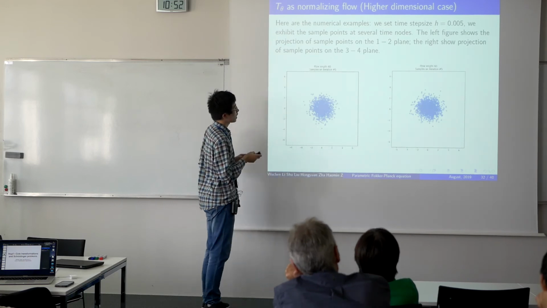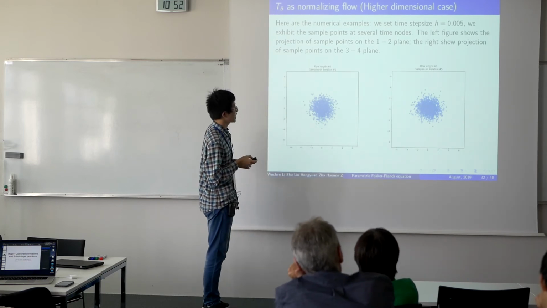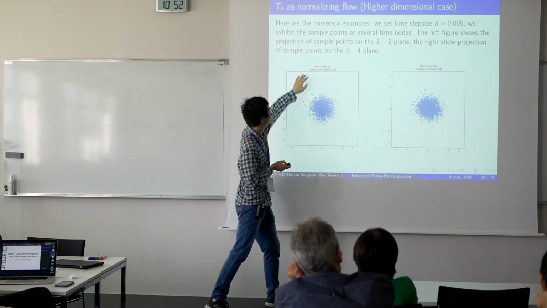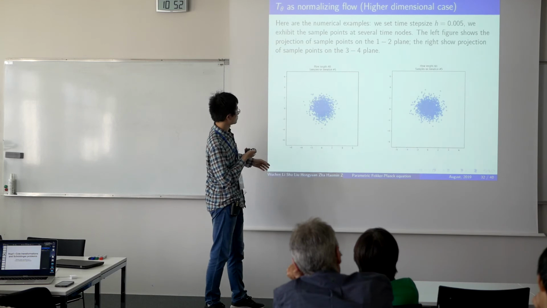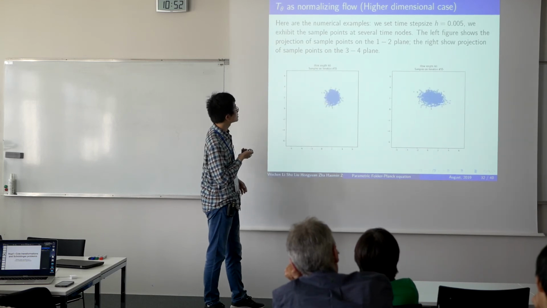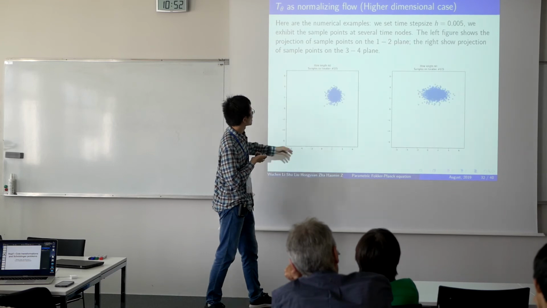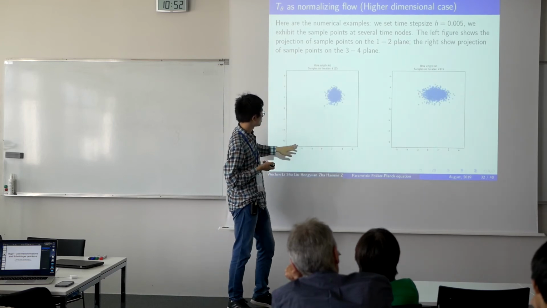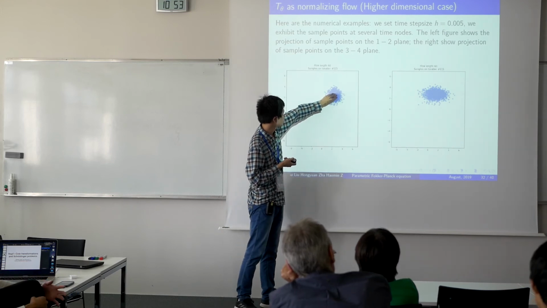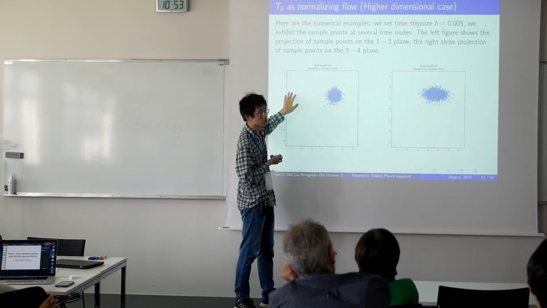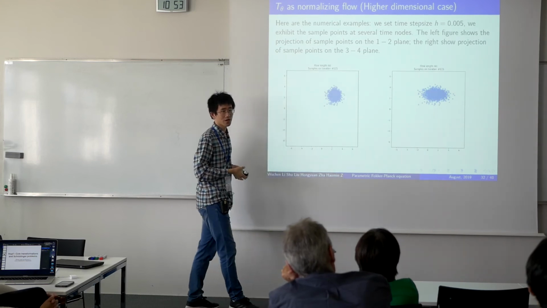Since we are in R4, we just project every sample point onto the 1-2 plane and the 3-4 plane. And when time evolves, you can see the difference. After about 100 iterations, on the left-hand side, all the points have already converged to the Gaussian distribution centered at 3, with smaller variance.